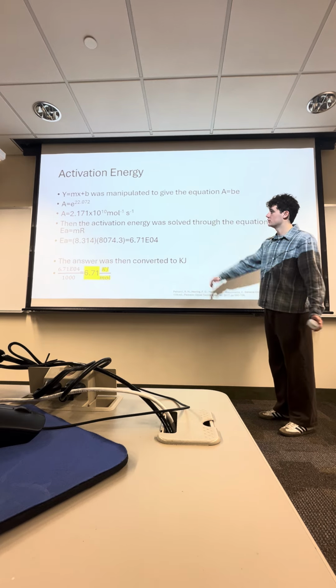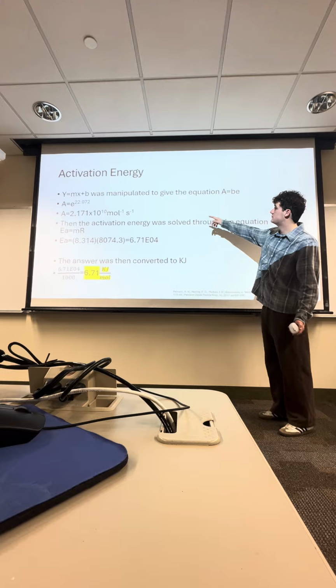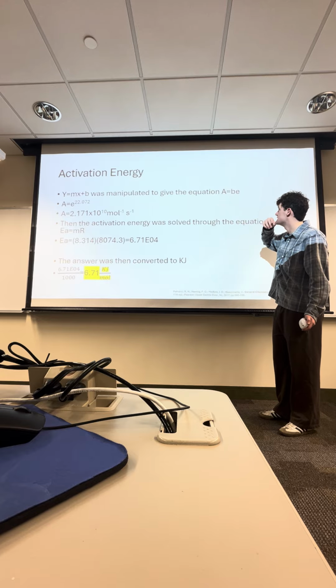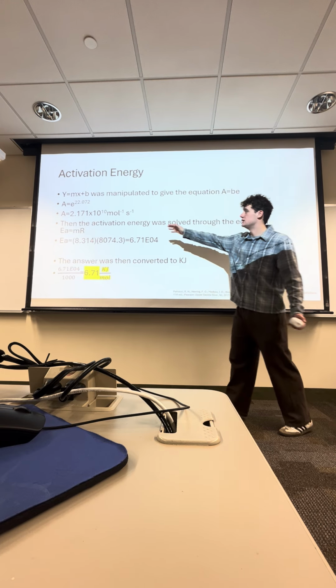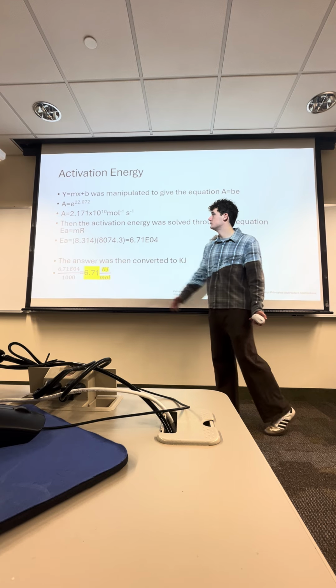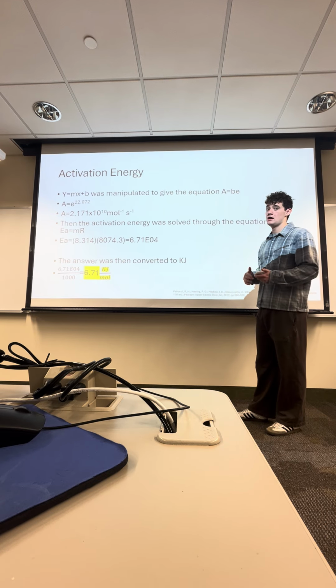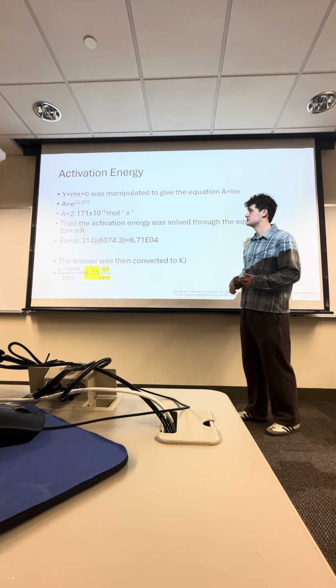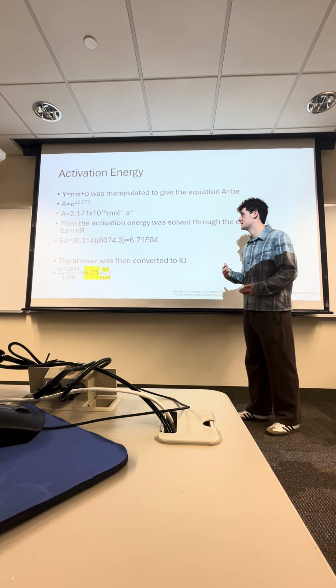So, as I mentioned earlier, y equals mx plus b was manipulated to give the equation A equals e to the b. So A equals e to the 22.072, meaning A equals 2.171 times 10 to the 10th mole to the negative 1 s to the negative 1.